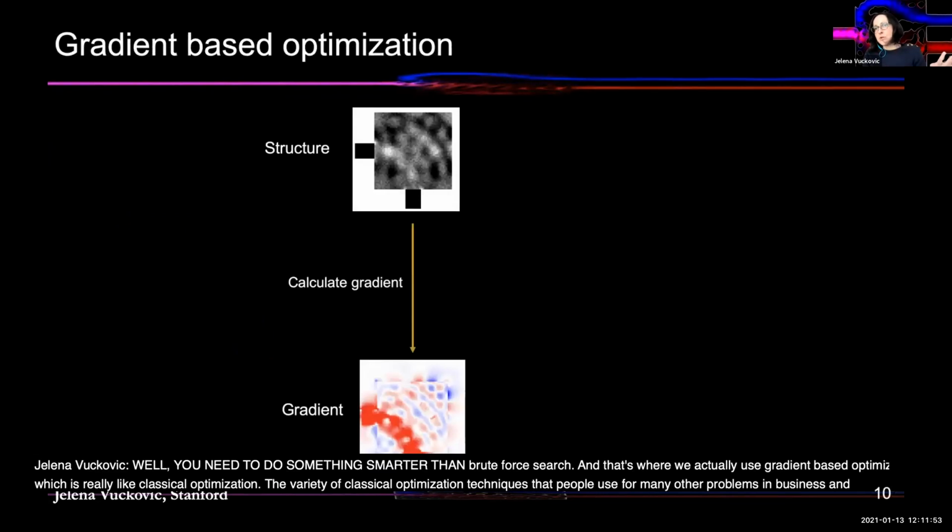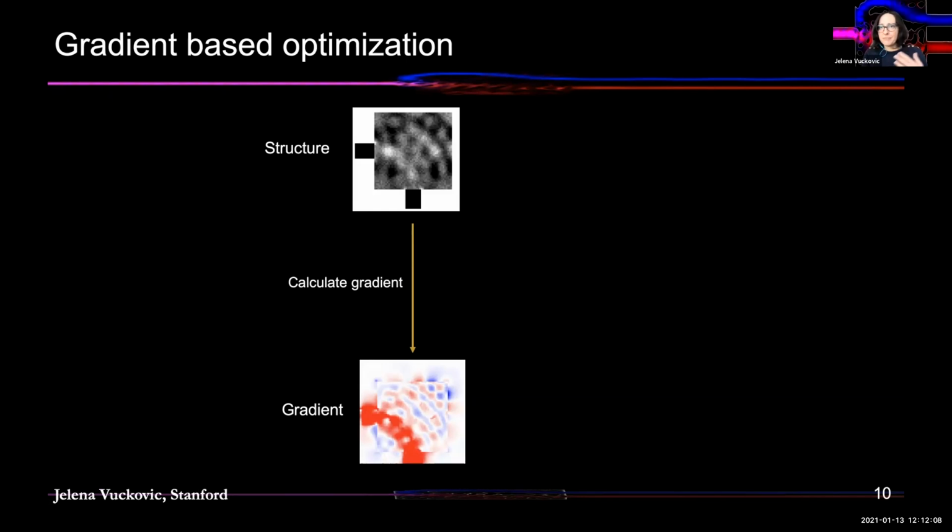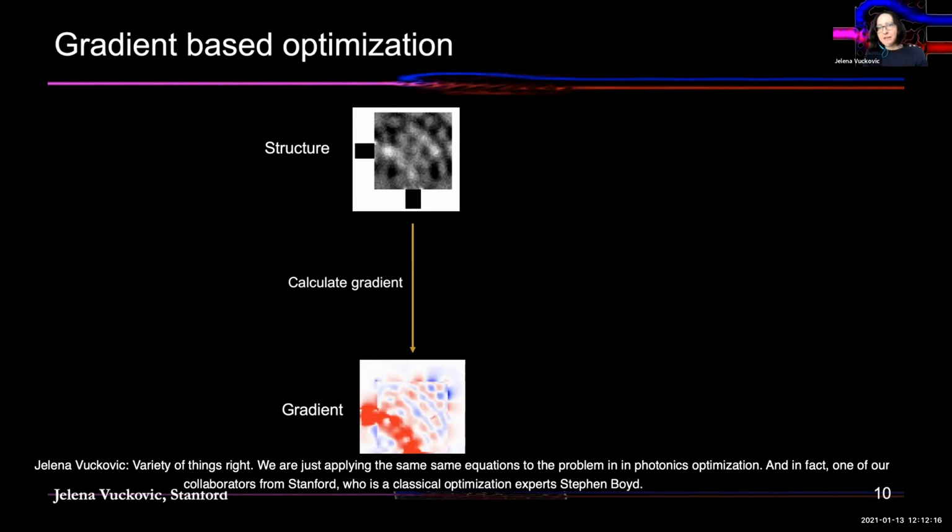And that's where we use gradient-based optimization, which is really a variety of classical optimization techniques that people use for many other problems in business, predictions of various processes, optimization for electronic circuits, for packaging, a variety of things, right?